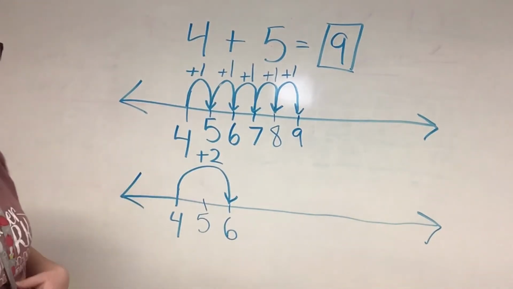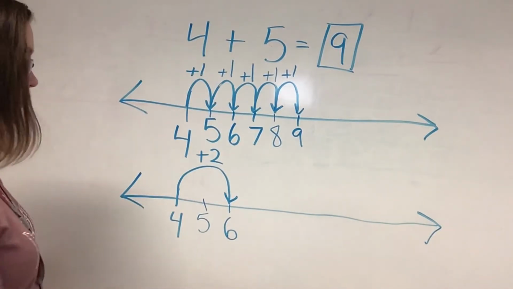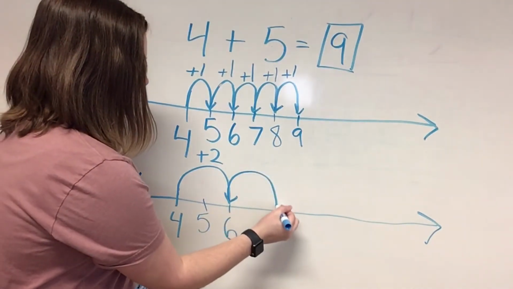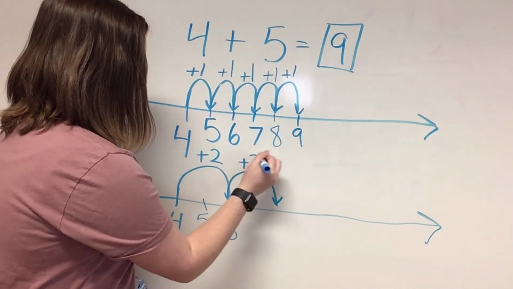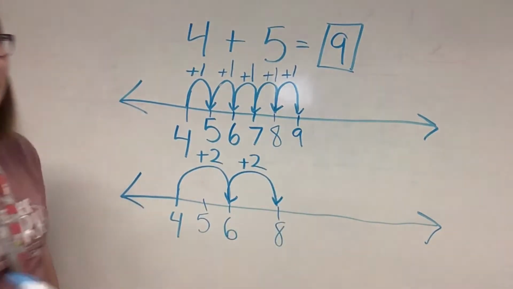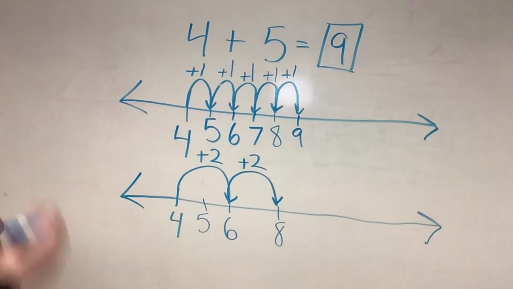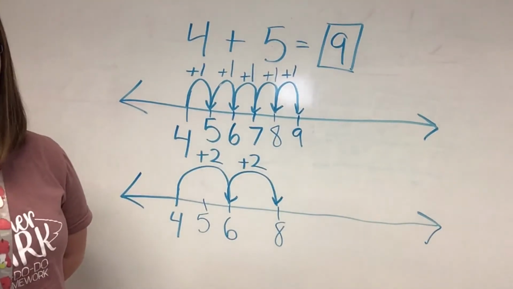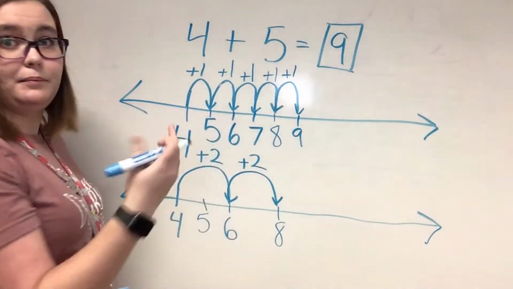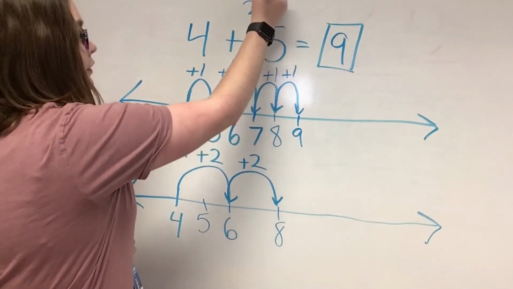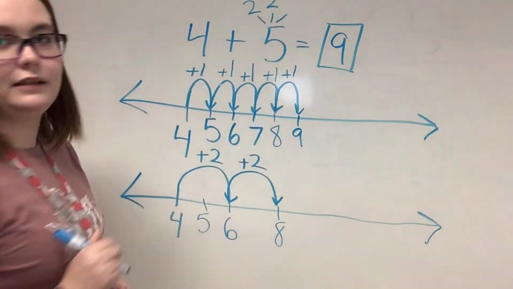jumps. And so since I'm so good at counting by 2s, I also know that 6 plus 2 is 8. Now, I do have to be careful here because I could just keep going by 2s, but that's not what I need. I need to make sure I'm adding 5 more to 4. So if I decompose 5 into 2, what's that other piece I need?